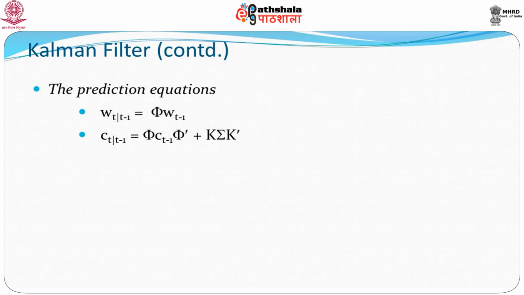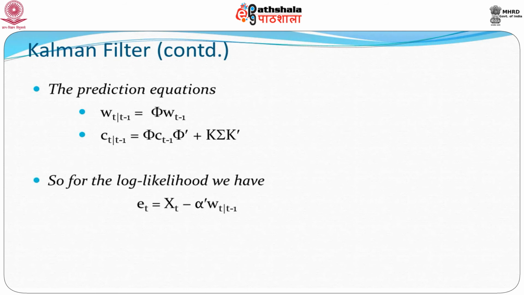Now, once xt becomes available, we construct this regression model with Wt given t minus 1 and xt. The first part is a vector of the predicted state variables, and xt is the observed variable.